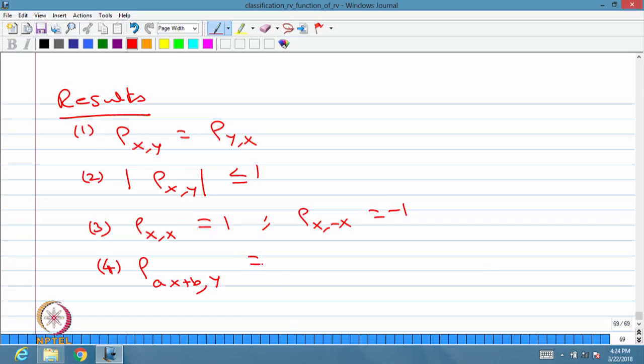If you use the results for the covariance between any two random variables, when one random variable is ax plus b and the other one is y, you will get the correlation coefficient of x comma y, for any constants a comma b with a greater than 0.